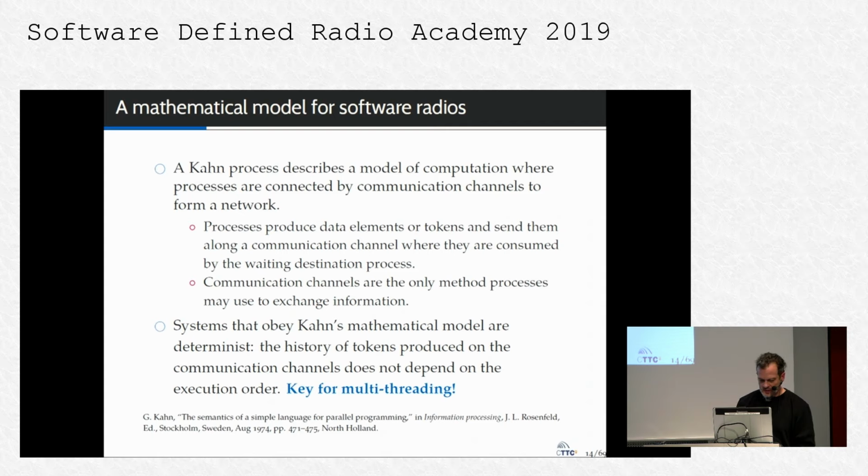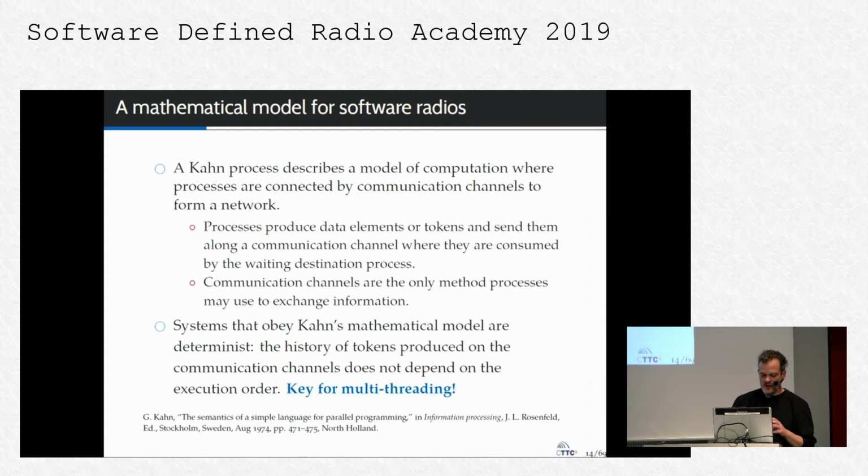And he also established that you can make a network of processes that at the end of the day will give you a deterministic output, which is really what you want. And also this is very important because each process can be executed in a different thread, so this is very important for multi-threading and for accelerating the processing of all this stuff in a computer.